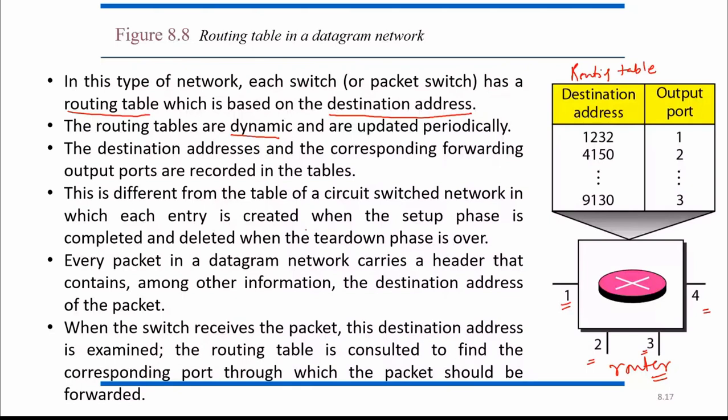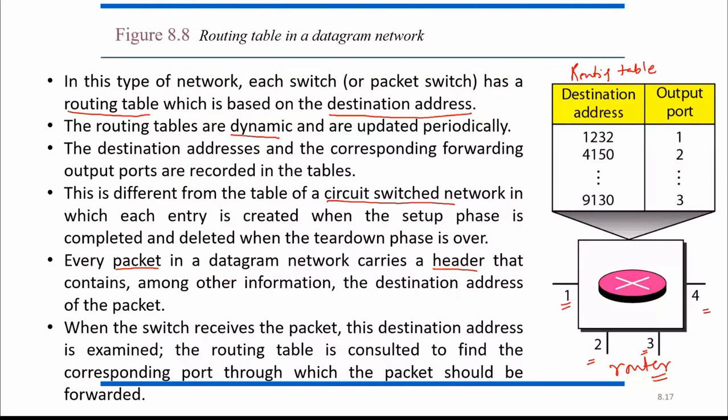Every packet in a datagram network carries a header that contains, among other information, the destination address of the packet. So these datagram packets carry a header with some other information along with the destination address.